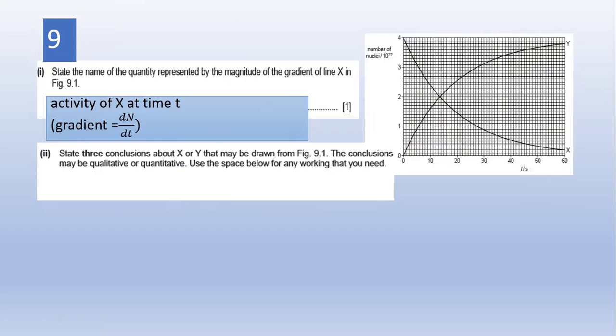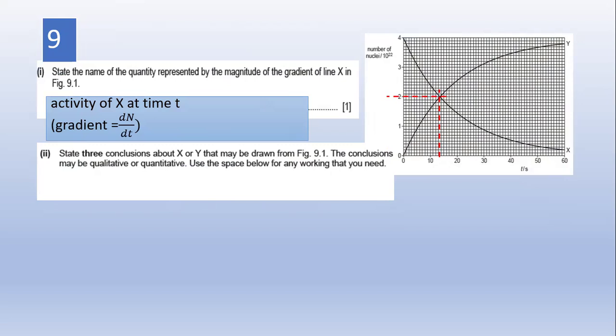The decay constant is 0.05. You can say about decay constant, half-life. Third point: the total number of nuclei is constant from the graph.